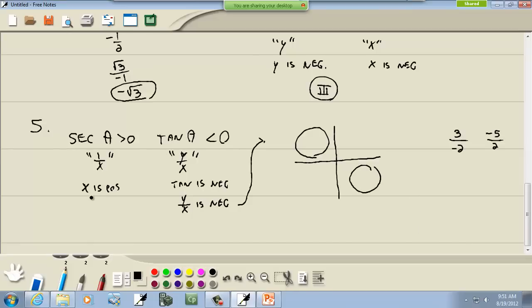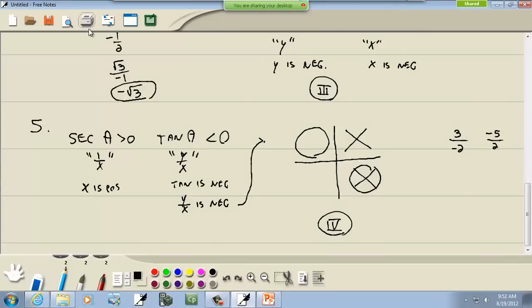Now, over here, we already said that x is positive. Well, x is positive in this quadrant and this quadrant. So where they're both true, it's quadrant 4, which would be our answer. So again, you kind of look where they're both true. For tangent, I did this little number and found the circles. That's where tangent's negative. And for secant, being positive, x is positive, it's in these two quadrants. So where they're both true is here.